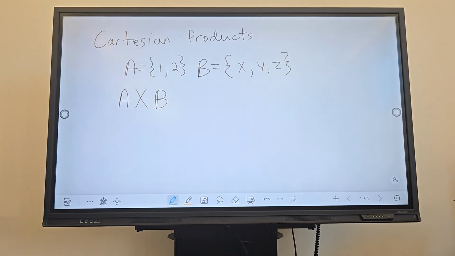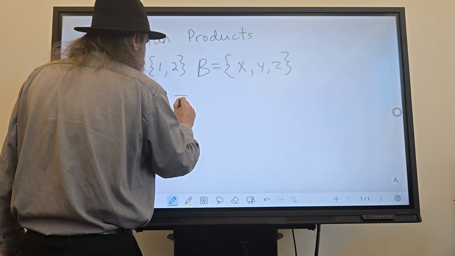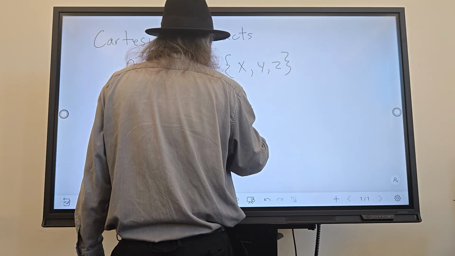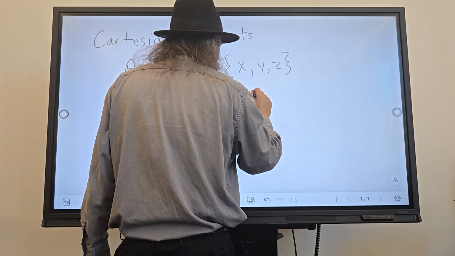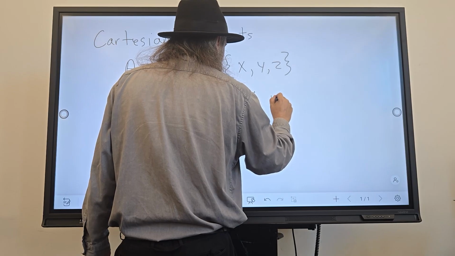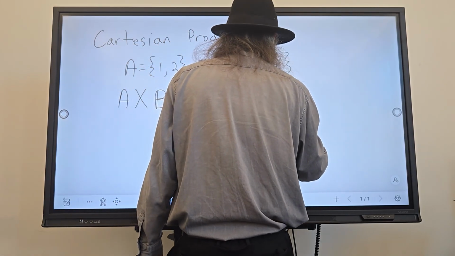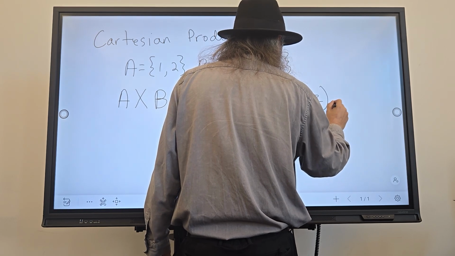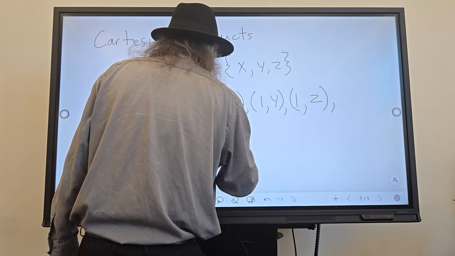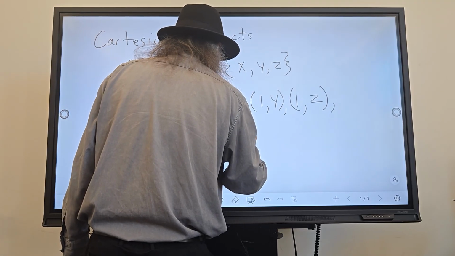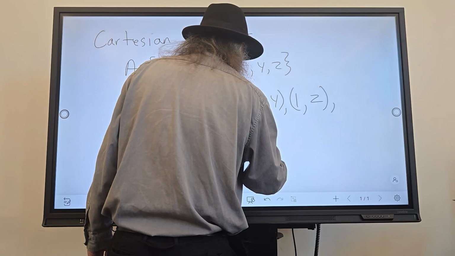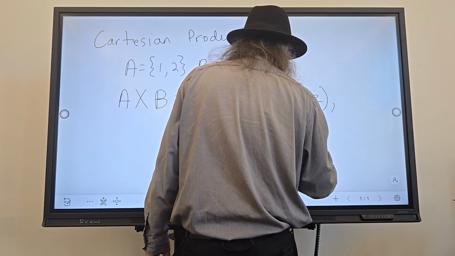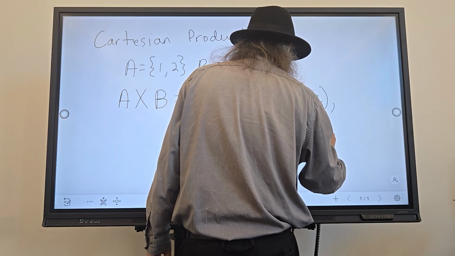So the cross product would be a set: (1, X), (1, Y), (1, Z), (2, X), (2, Y), and (2, Z).